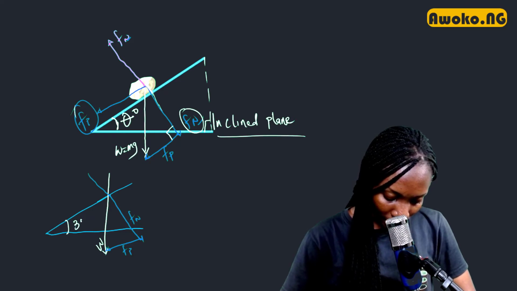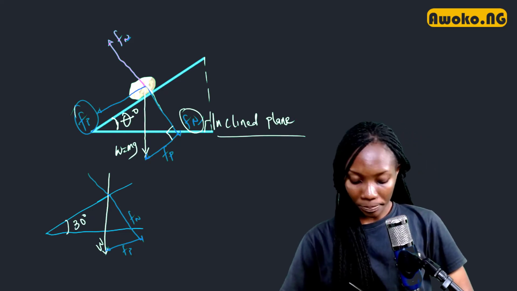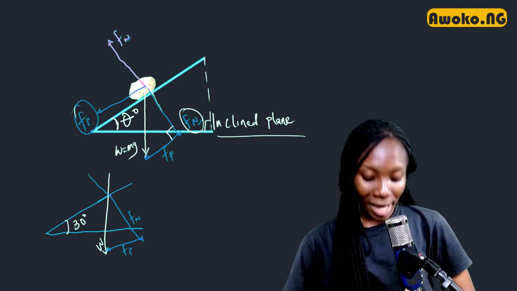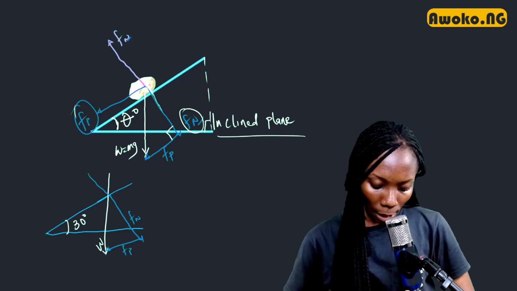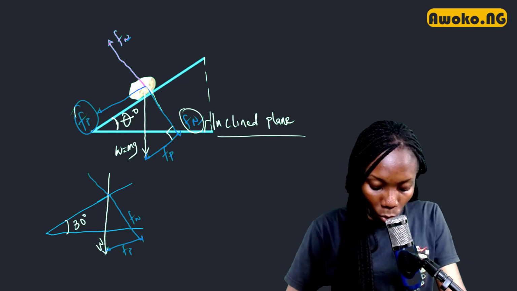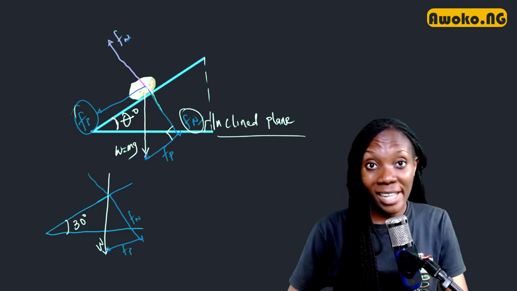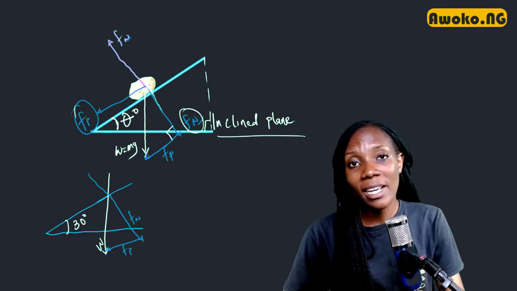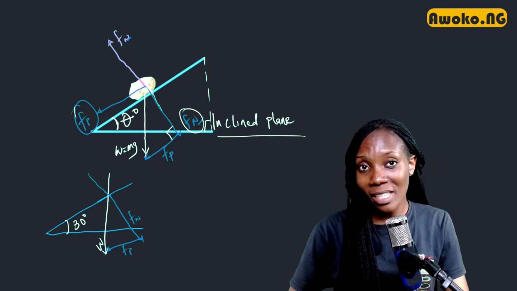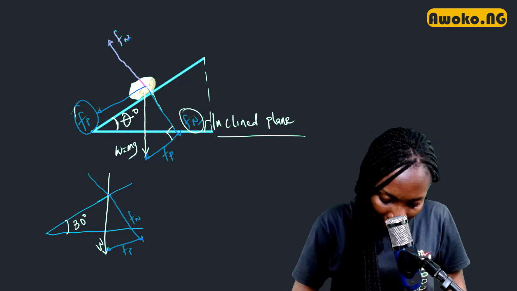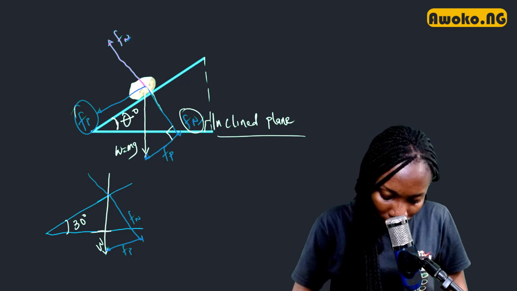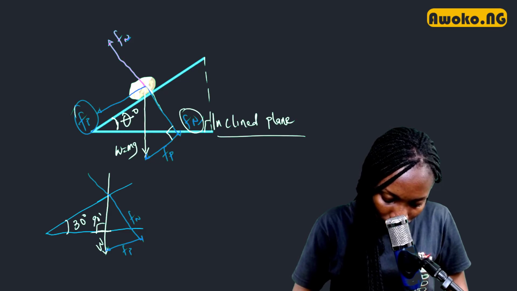Now we're doing this to get the position of theta. All right, now you can see that the line indicating the weight is making an angle of 90 degrees with the horizontal plane, right? With this plane right here. And so this is 90 degrees.